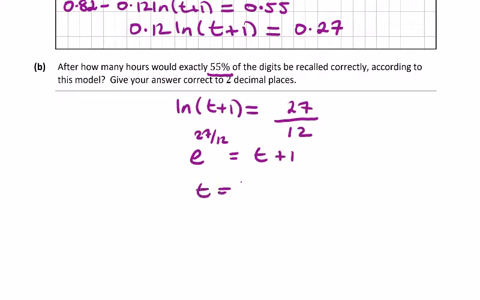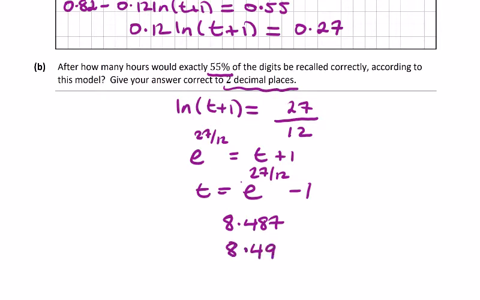So T should be equal to e to the power of 27 over 12 minus 1, which is giving me 8.487. This is in hours, 2 decimal places, 8.49 hours. You'll remember 55% of the digits.